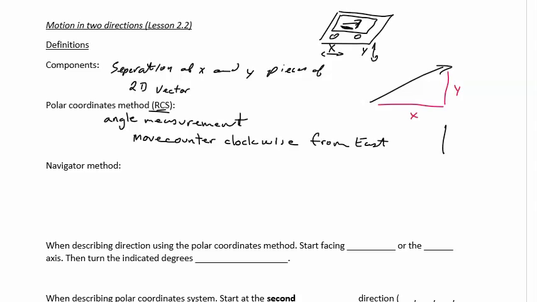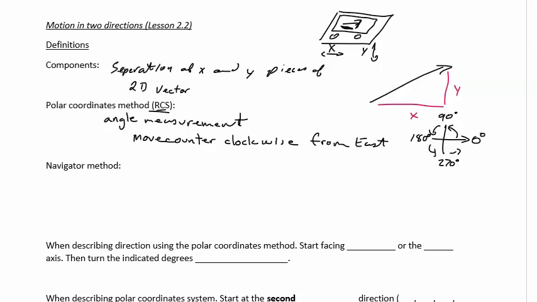So if we had, take a look here, going east is 0 degrees, up to north would be 90 degrees, around 180 degrees would be west, 270 degrees would be south, and so on. It's just a way that we can measure it.